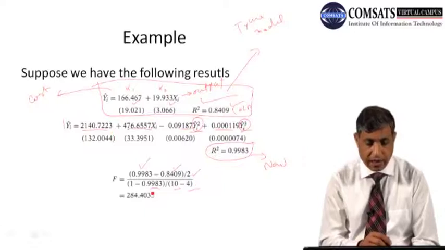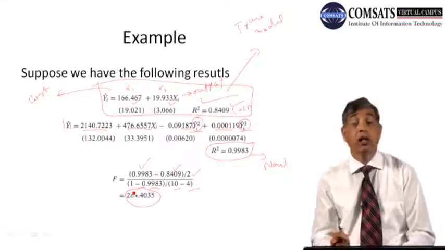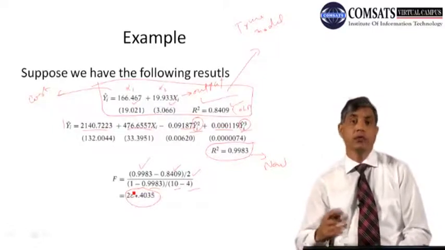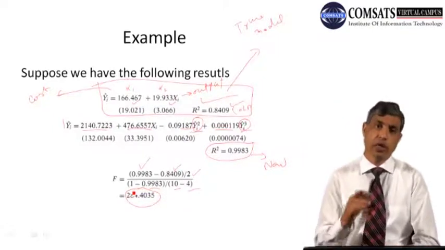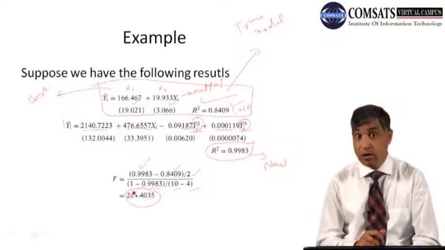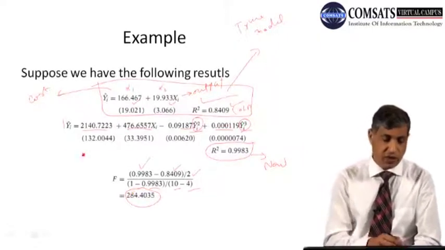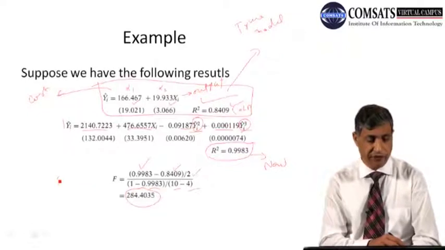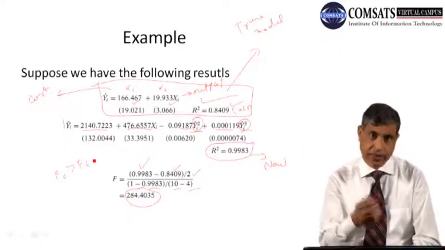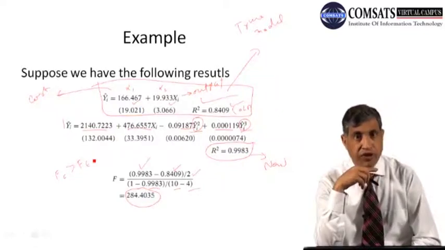So this is the calculated value of F that you have, and it is very high. As it goes beyond the 2 or 3 rule of thumb, it becomes significant. So I suppose that F calculated is greater than F tabulated. No need to suppose, it is definitely greater than F tabulated.